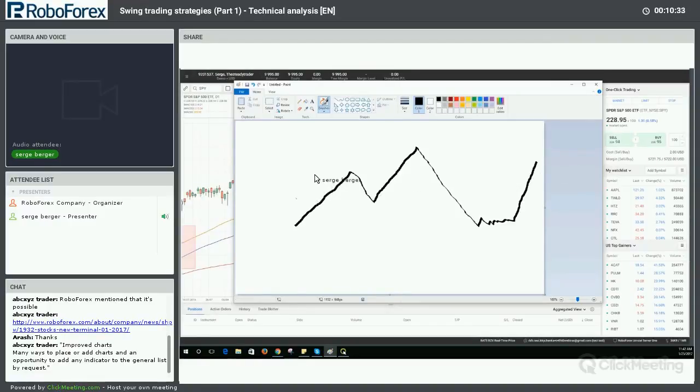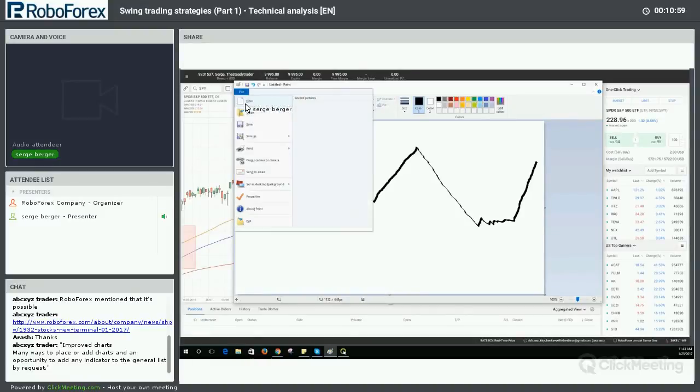So each one of these is a swing. Okay, so in this chart, we have 1, 2, 3, 4, 5 swings. This is not a swing down here. This is just sideways market that we want to ignore or not participate in. Okay, so that is your basic definition of a swing.